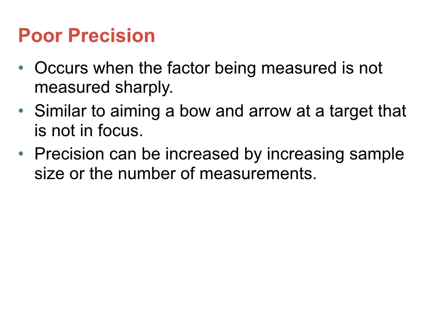Precision can be increased by increasing sample size or the number of measurements. And sometimes, I just know from experience, when you're collecting data on things like weight or height, sometimes even blood pressure, the investigators will put in a protocol for the person collecting the data to take the weight or blood pressure two or three times, and then average what they get.